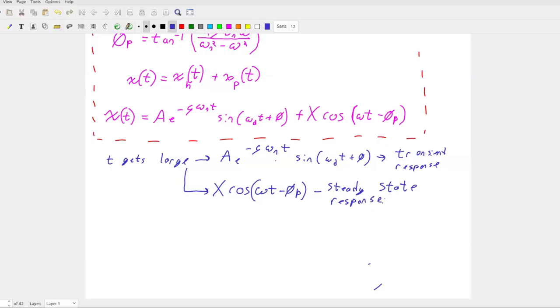Remember when we were forming this out, we said that a homogeneous solution is in and of itself a solution, and a steady state solution is in and of itself a solution. So this shows that as t gets very large, the particular solution itself is the solution that we're often interested in. And actually in vibrations, many times we will disregard the transient solution and only consider the steady state response.